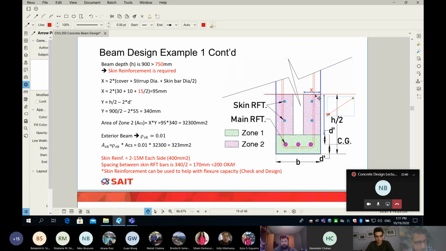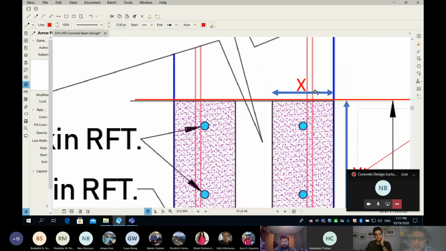How about the X? For the X, you have to find the distance from the outside of your beam to the centroid of your skin reinforcement, which is not super science. It is the cover plus stirrup plus half skin reinforcement bar, which is always 15M. Once you find this distance, you multiply it by 2, then you get the X. Why 2?